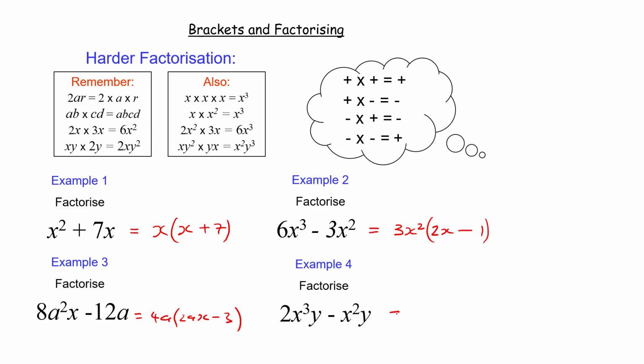And in this last one, no numbers in common. So we look at the variables, we look at x cubed and x squared. So I can take an x squared out and y and y, so I can take the y out. Open my brackets. I've removed x squared and y, so I'm left with 2x here. And I've removed x squared and y, so I'm left with 1 here.